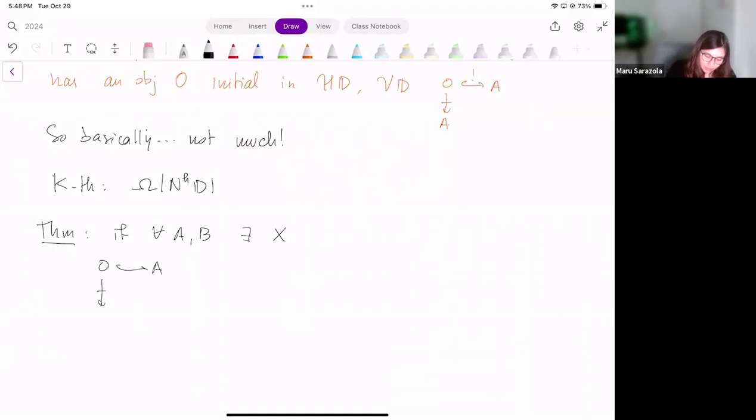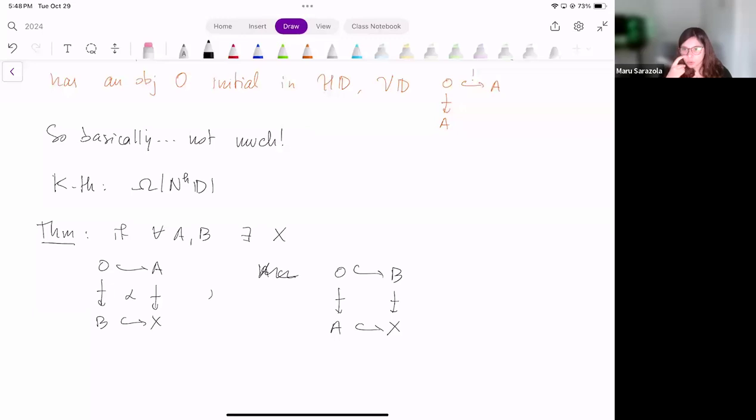So I have the square with A and B, and I want to fit it in here. So this is a square. Or I have the square with B and A, and I want to fit X in here. So if I can always do this for any A and B, know that I'm trying to take like a coproduct thing or like a direct sum thing.